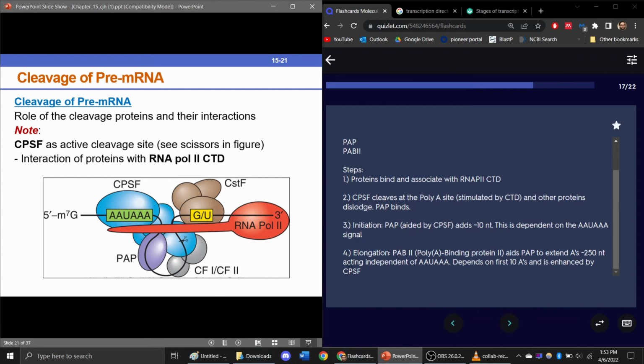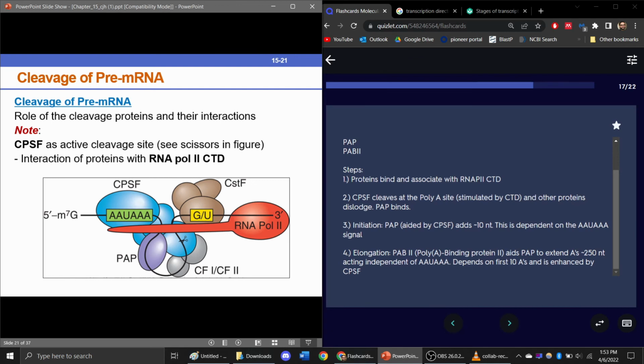Like when you learned about the subunits associating in RNA polymerase 2, they initially taught it to you in a very specific order, but it wasn't like that in reality. It's a holoenzyme. All of the factors associate together, and then they come onto the promoter. I think it's a similar case here, where all the factors are there and they just come in together. You can think about it like that. That is most likely how it is in real life. Yeah, just think of it as they all come at once.